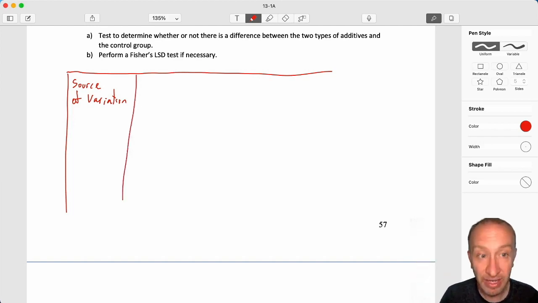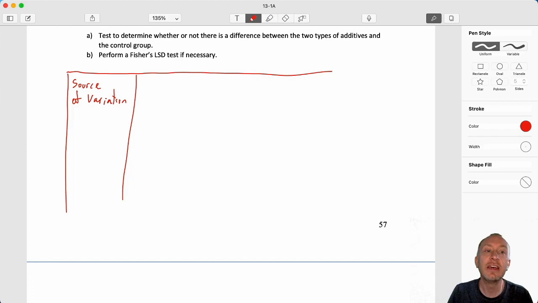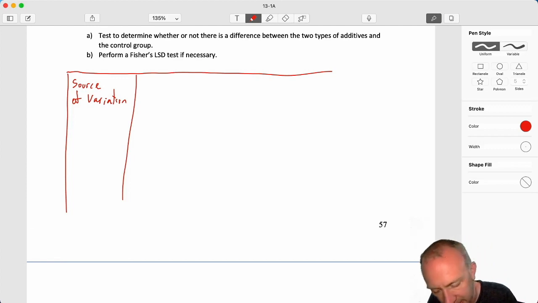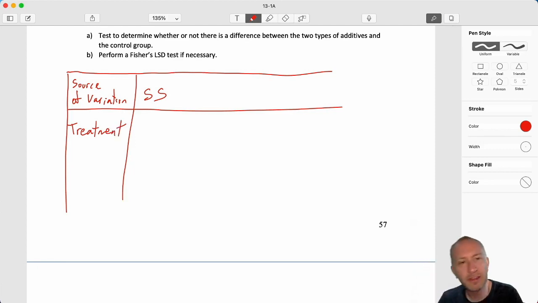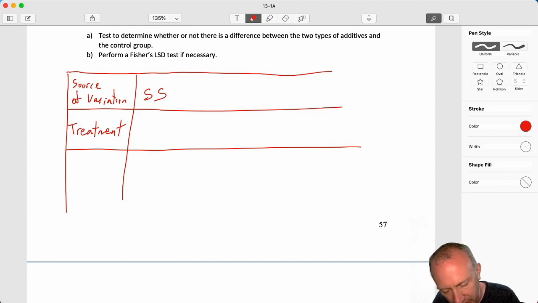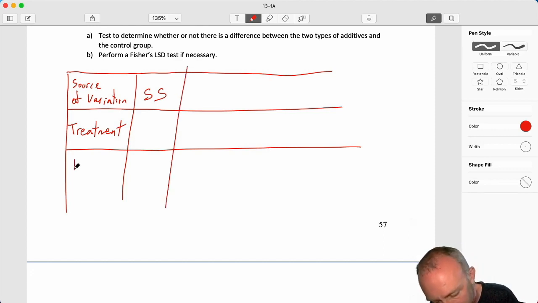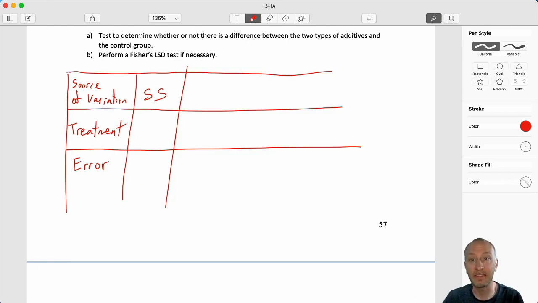Because this ANOVA, analysis of variance, is all about accounting for different sources of variation. Now, in the introductory video to Module 13, I talked about the sum of squares due to treatment, that was SSTR. I also talked about sum of squares due to error. That was SSE.